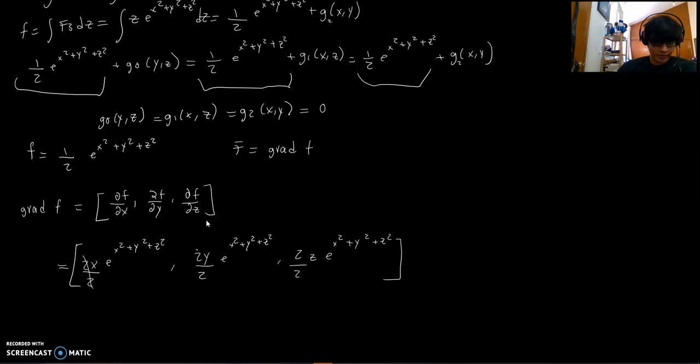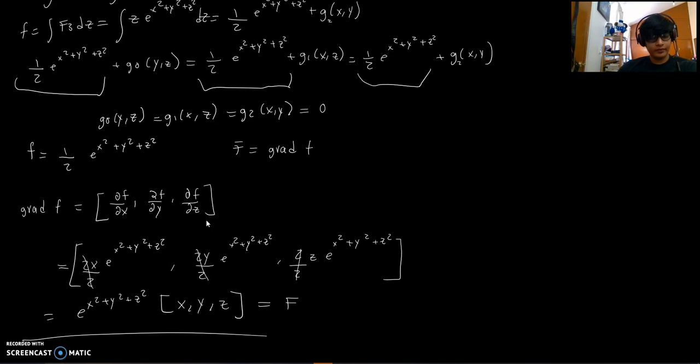And these twos will be eliminated, and we will get e^(x² + y² + z²) times (x, y, z). And this is indeed equal to F. You will see it up here.